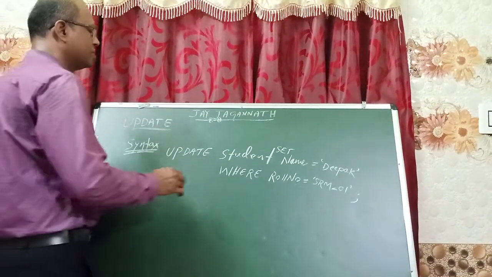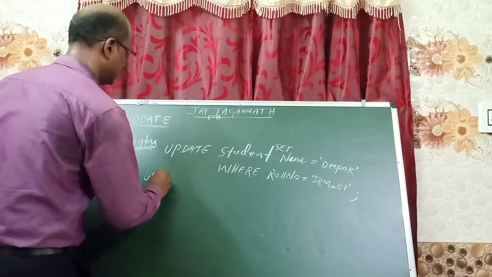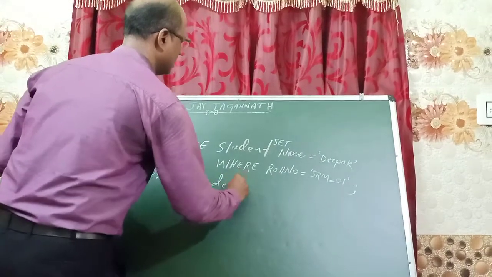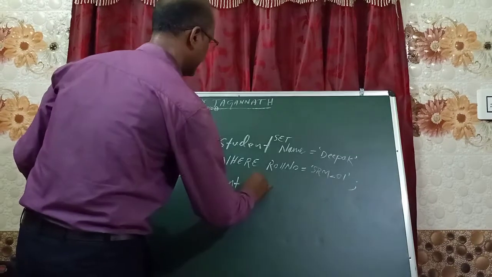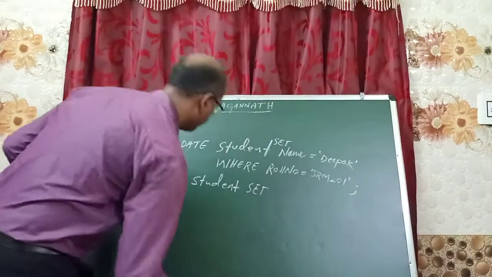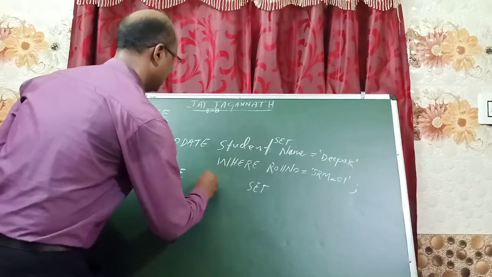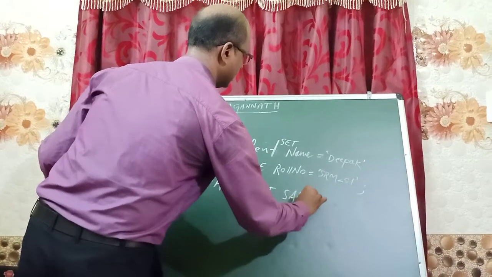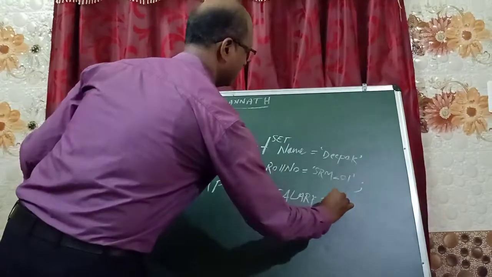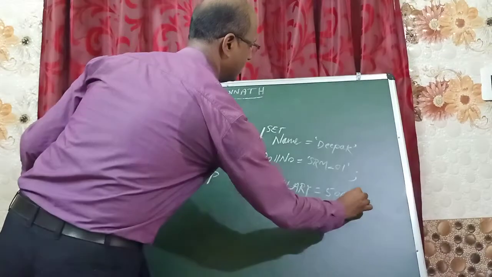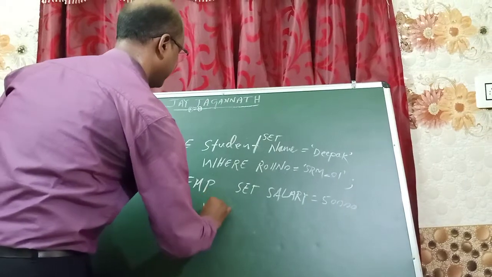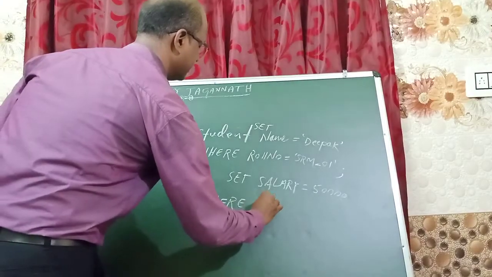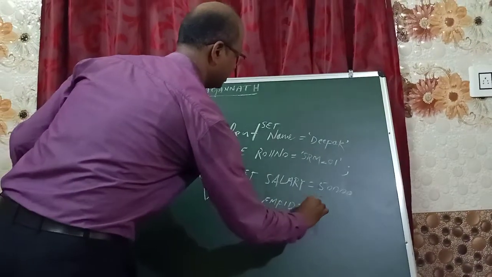For this purpose we use another example: update employee, another table name, set salary equal to 50,000, where emp id equal to 001.